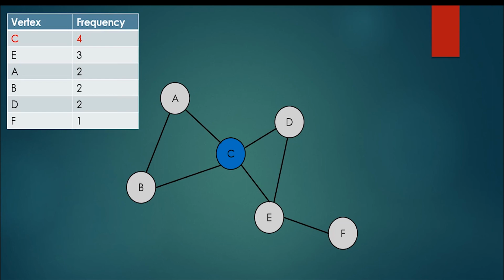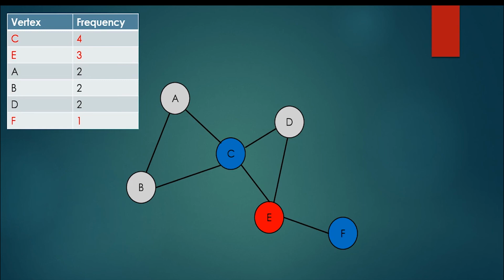And we came to the conclusion that A, we cannot give the color blue because it's a neighbor of C. B is the neighbor of C too. D, E, they are not allowed to be colored blue. But F, we can color F blue because it's far away from node C. It's not the neighbor of C.